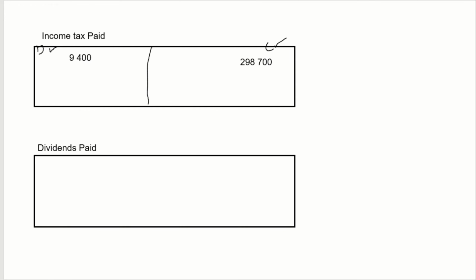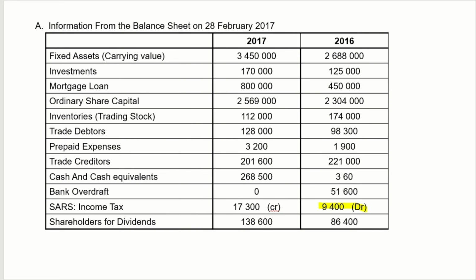Then after so doing, we're going to look at the SARS income tax balance at the end. Let me highlight it. This is the amount over here, the 17,300 rands, which is said to be on the credit side. Now, please note, if you find this amount on the credit side, you're going to input it on the debit side.